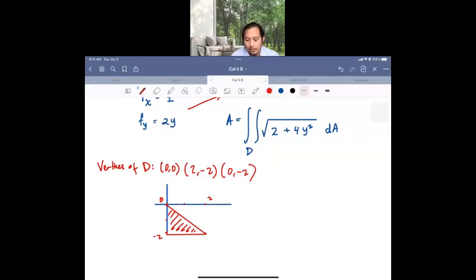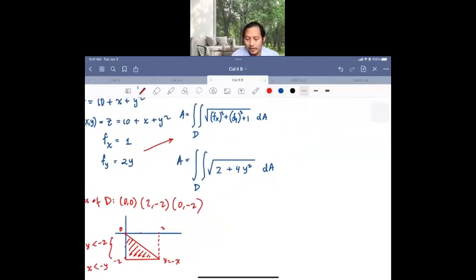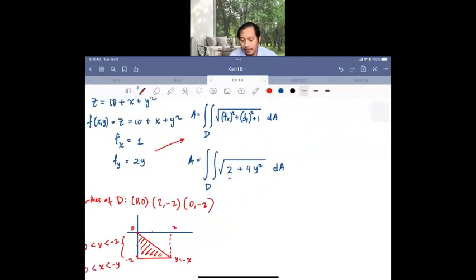So we could see that if we take y, it goes from 0 to -2, and if we take x, we have y equal to -x here, so we take x from 0 to -y. Another thing in the surface area is that we know the function inside here is in terms of y, so it's better to go for dx first and then dy.